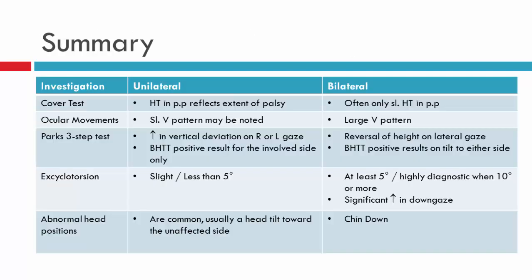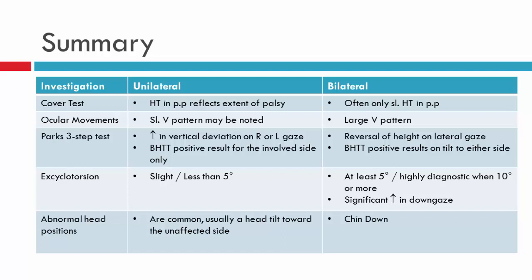Okay, so in summary, here we have a table that gives you the key clinical investigations that will distinguish a unilateral from a bilateral palsy. So remember, for a bilateral, the hyperdeviation can be a lot smaller than expected given the under-over actions that you're noticing on ocular movements. A bilateral fourth nerve palsy more often has a V pattern with an esotropia in down gaze, and these can be relatively large V patterns.